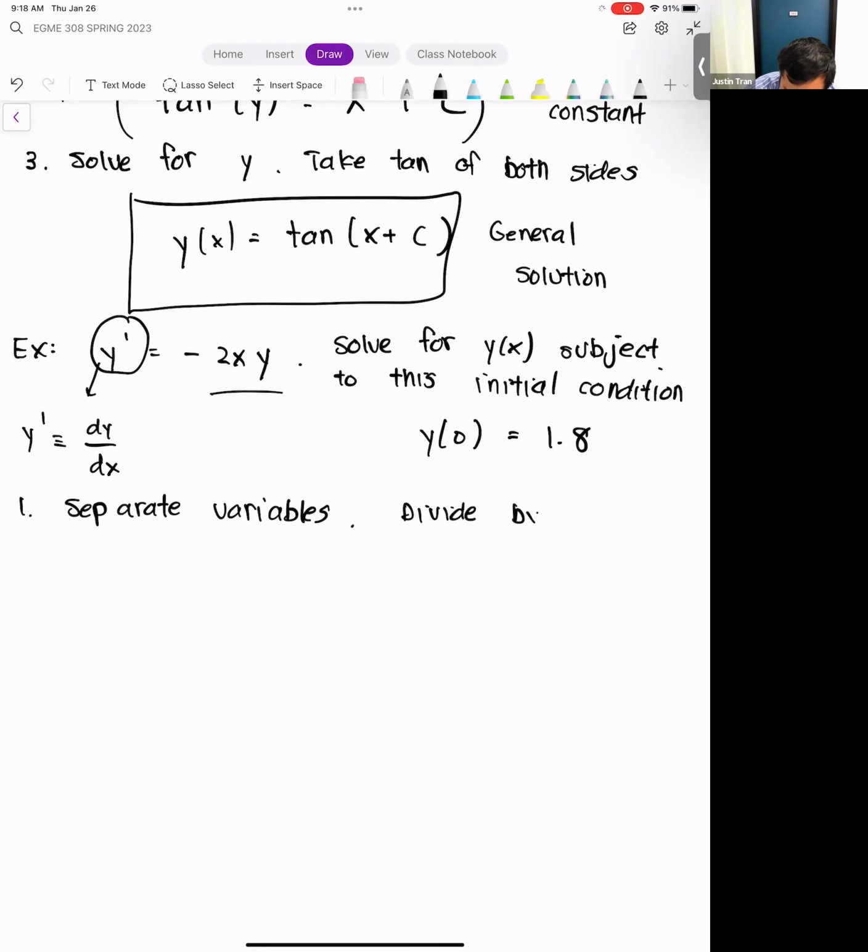On the right-hand side, we have probably the most normal integral we've seen today, the integral of minus 2x. That's going to be minus x squared. Remember, we're doing indefinite integrals, so we can't forget our arbitrary constant. We need to add plus c.